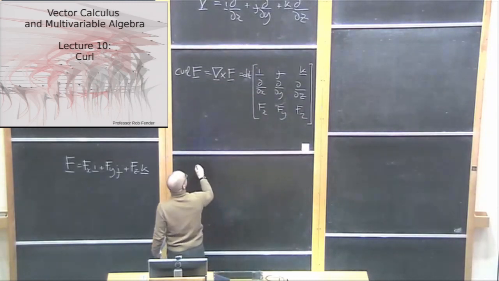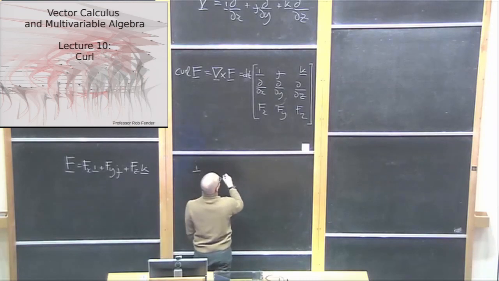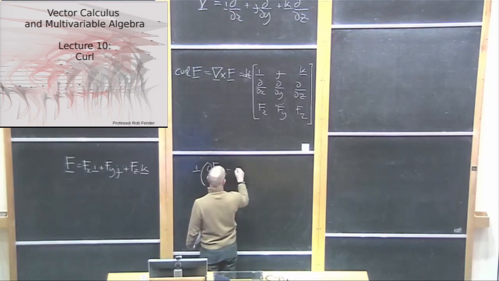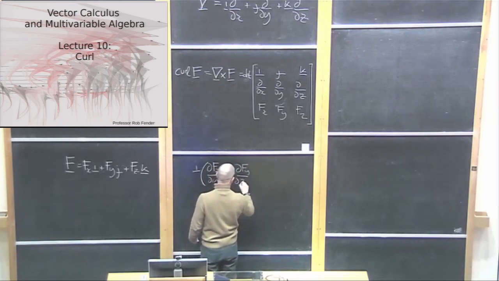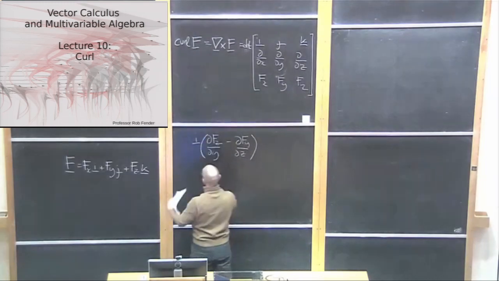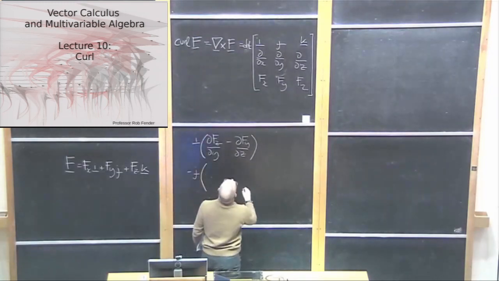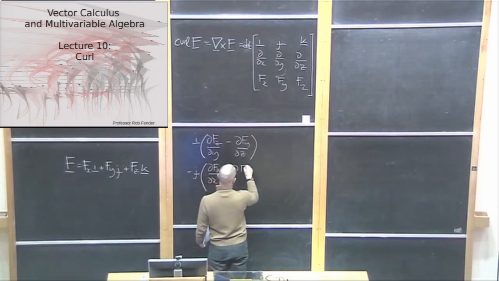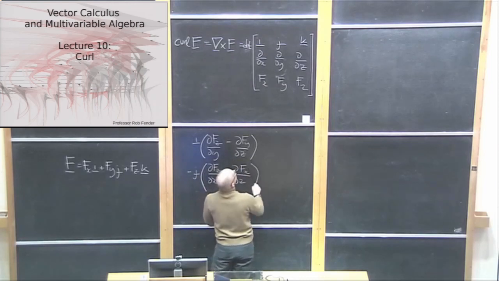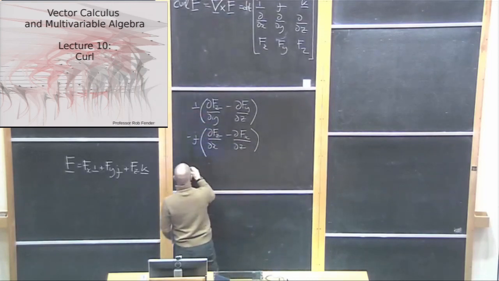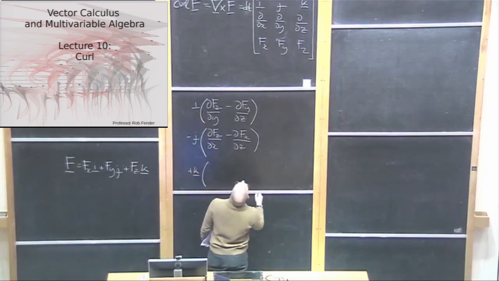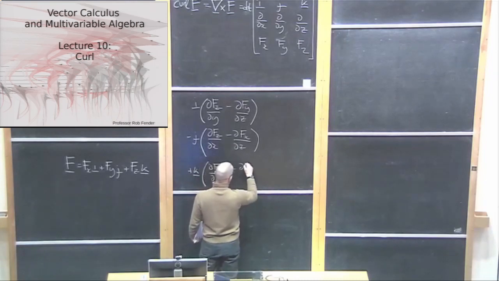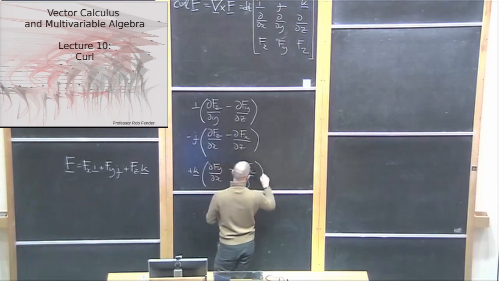If we look at the individual components of the curl, then we see that the i component is d of Fz by dy minus d of Fy by dz, minus j times d of Fz by dx minus d of Fx by dz, plus k times d of Fy by dx minus d of Fx by dy.